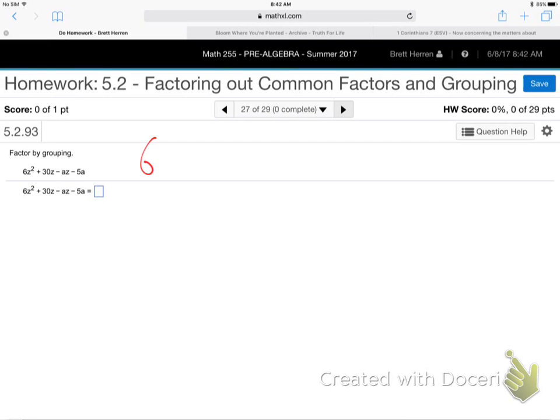Okay, so 6z squared plus 30z minus az minus 5a. Try that one.